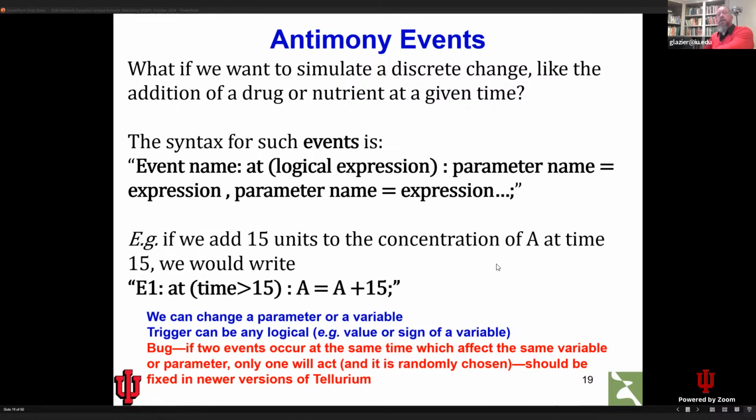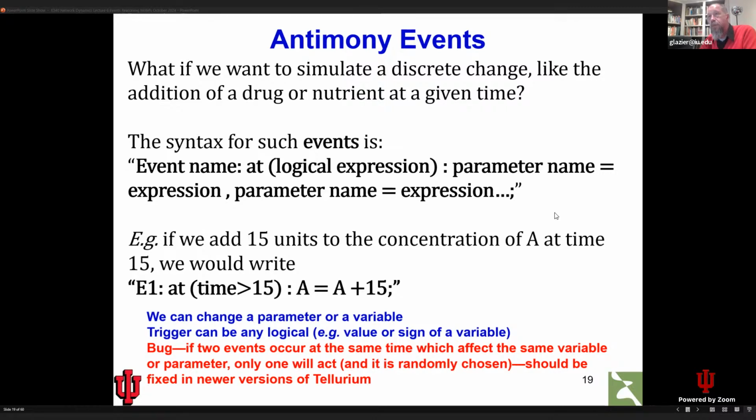So if I say at time greater than 15, A equals A plus 15, at time greater than 15, A equals A plus 10, I should wind up with A equals A plus 25. And instead, I'll randomly get either A plus 15 or A plus 10. And I know that was not supposed to work like that. It's supposed to be fixed, but I actually haven't checked whether the latest version of Tellurium fixes that or not.